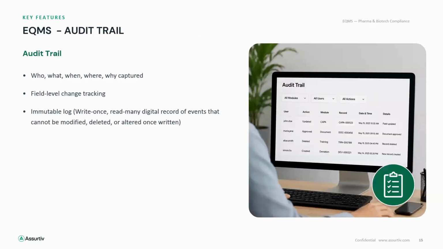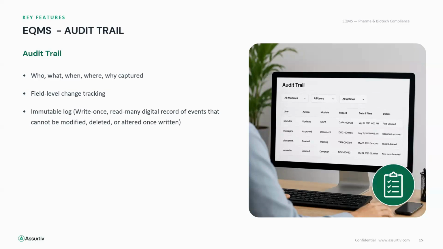Okay. And audit trail. Audit trail, who has done the activity, what is the task, when is the task done, where it is going to be stored or recorded, and why it is captured. So all these things are going to be captured in the audit trail. And field level change tracking. If any data or information is changed in any field, that is going to be tracked.